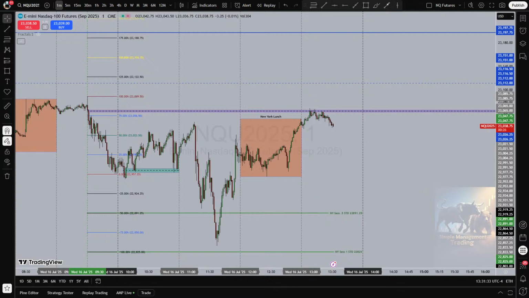It's 1:31 New York time. I apologize for that, which basically means that the afternoon session first presented fair value gap is about to be formed.